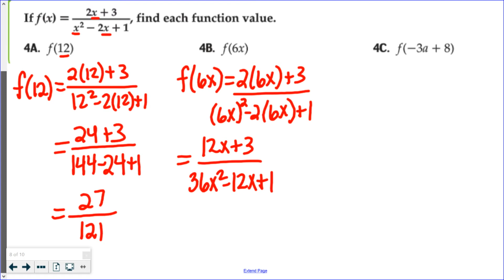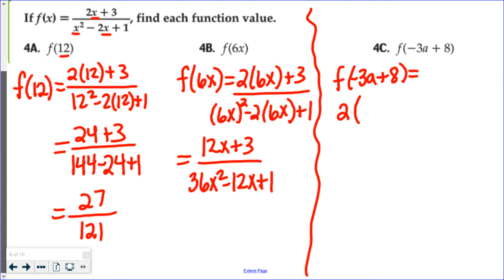And 4c, this is where we start looking a little bit more like calculus. We're going to plug in negative 3a plus 8. Being able to do this will be very important, whether you're taking A, B, or BC next year. All right, everywhere I see x, I'm going to put in negative 3a plus 8. So I've got 2, not times x, but times negative 3a plus 8, and then plus 3.